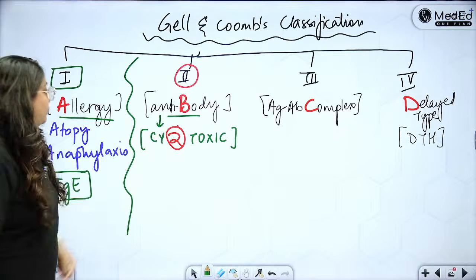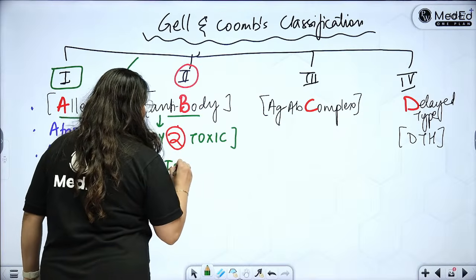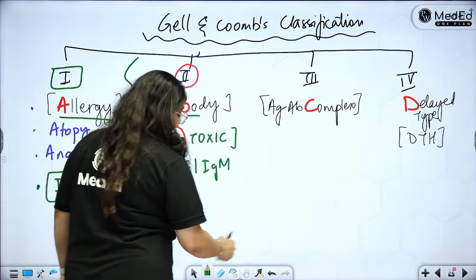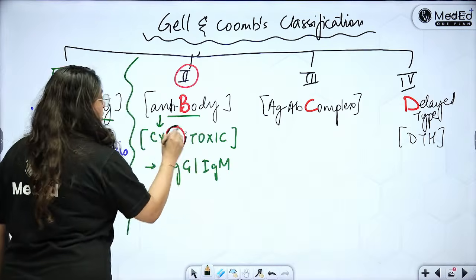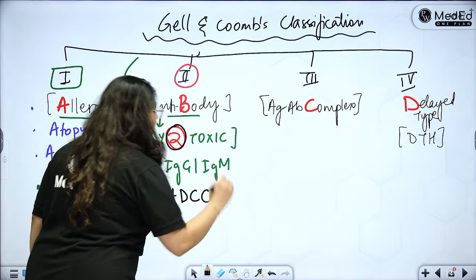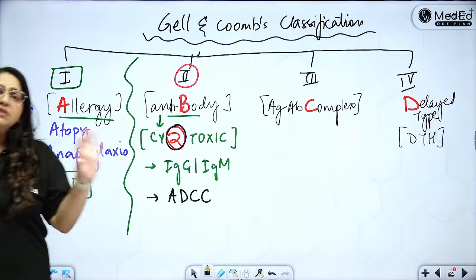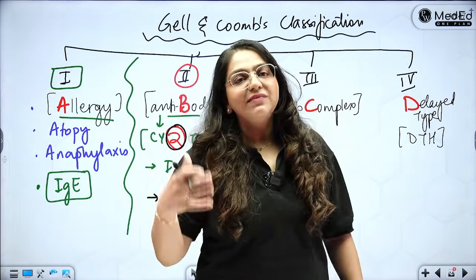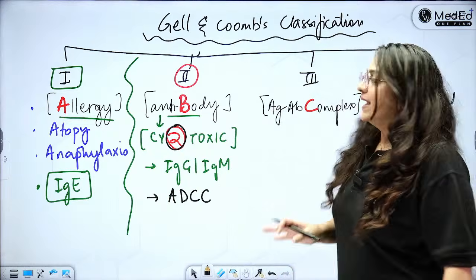So in this type 2 you have the IgG or the IgM getting involved, and what are they going to lead to? Because of this cytotoxic nature, they are going to lead to antibody dependent cellular cytotoxicity. We will just see what is this antibody dependent cellular cytotoxicity, because that itself is a short note also. Okay, ADCC.